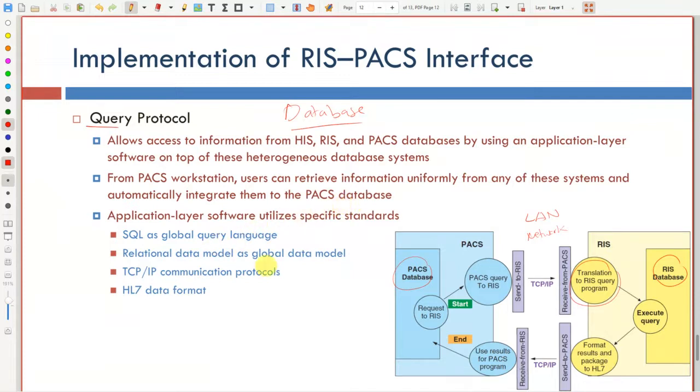Okay. And usually for all these interfaces, you have to have application layer software that uses specific standards. For example, for a global query language for databases, SQL is very commonly used. Usually for the database model, you use a relational data model, meaning that you have your data as a table.